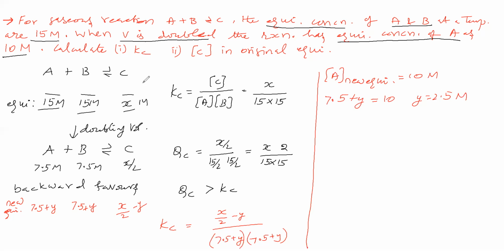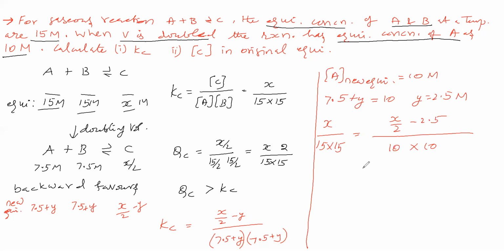Then for this reaction, we equate the Kc values. Therefore X by 15 into 15 is equal to X by 2 minus Y, where Y is 2.5, over 10 into 10.